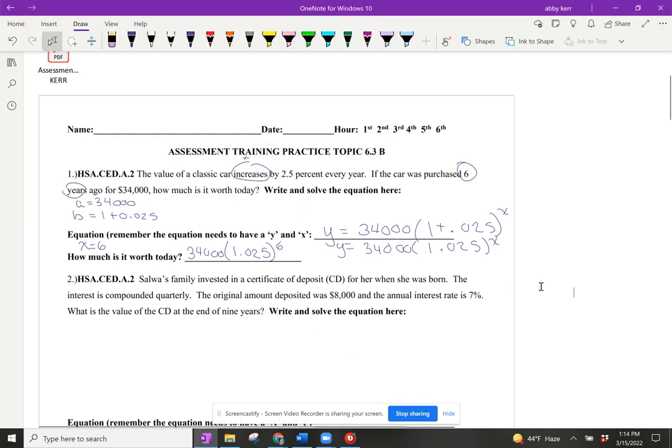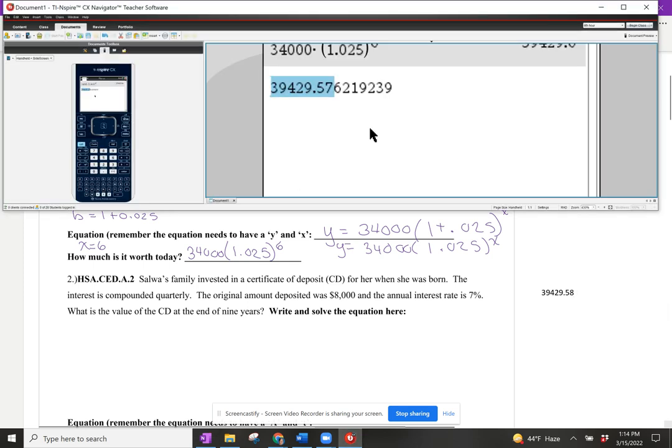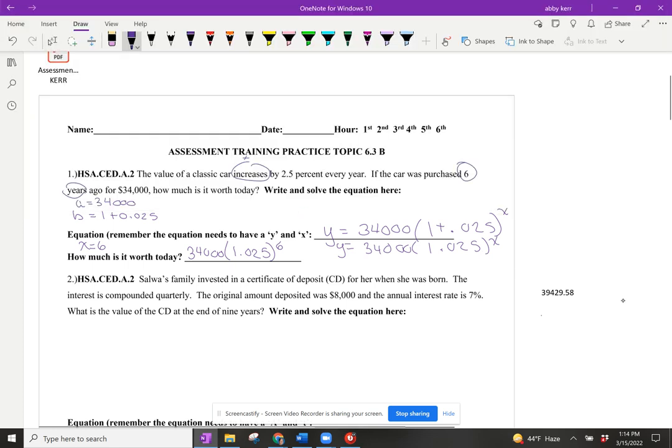So it's not going to be 0.57, it's going to be 0.58. And I'm going to be checking this, so it's okay if you have a rounding error. So it's going to be about $39,429.58.